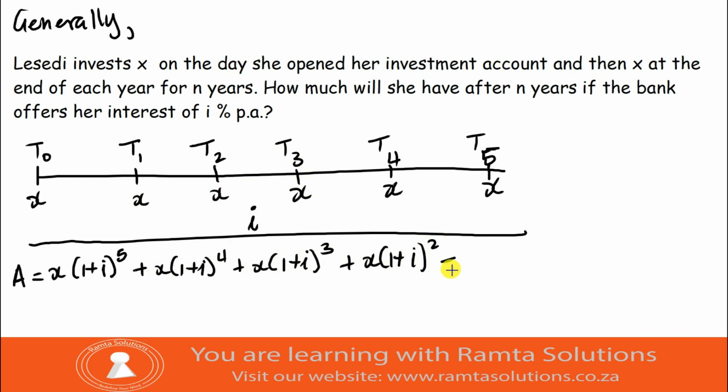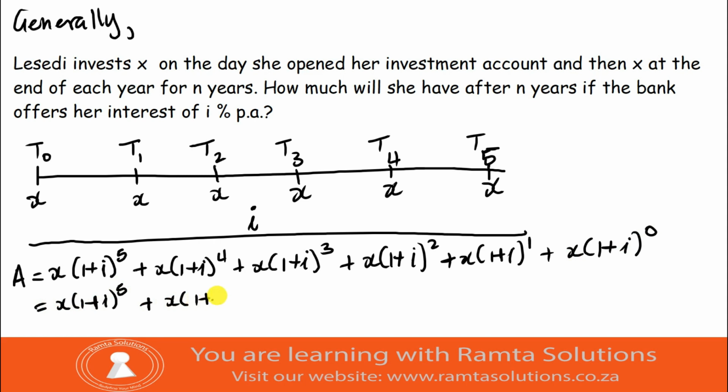The 5th installment, it's X into 1 plus I to the 1 plus X into 1 plus I to the 0.